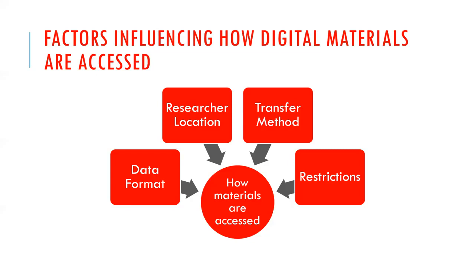And even more open, a researcher may be able to actually download the files onto their home computer or their phone, I guess, these days, and use the records for whatever purpose they have.